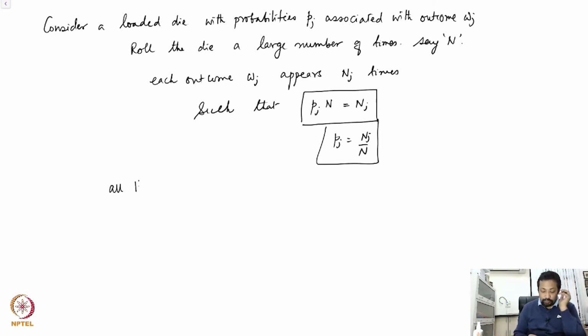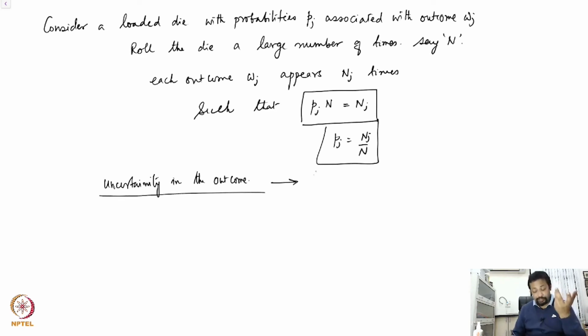So what you had started off is essentially asking the question: what is the uncertainty in the outcome, right? And that now I have transformed into a different question: what if I roll it n number of times, what is the uncertainty in the order?